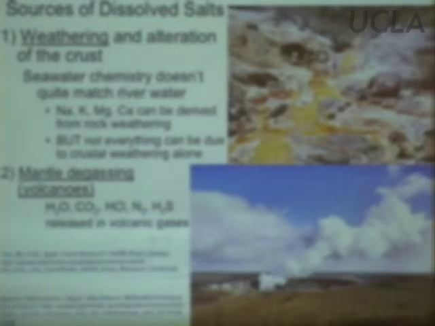Carbon dioxide, hydrogen chloride or hydrochloric acid, nitrogen, hydrogen sulfide, a number of other gases, SO2, depending on what kind of volcano it is. And so stuff dissolves in the ocean by the reaction of water with rock, or it can actually be degassed to the atmosphere by volcanic activity and then dissolved in the ocean after that, or dissolved in rainwater that then falls in the ocean.